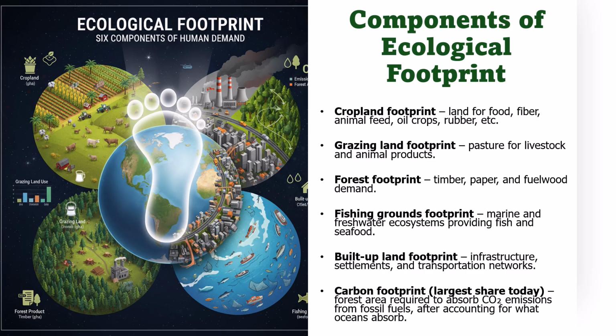The built-up land footprint reflects the land converted into housing, infrastructure, and transportation networks. Finally, the carbon footprint, which today is the largest component, represents the forest area required to absorb carbon dioxide emissions from fossil fuel use after considering what oceans naturally absorb. Together, these categories reveal how much human activities draw on Earth's resources.